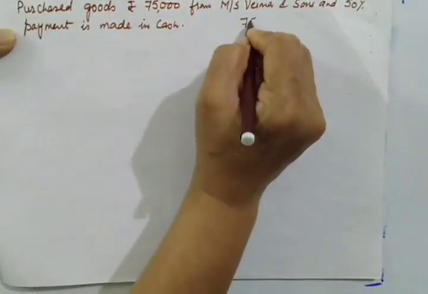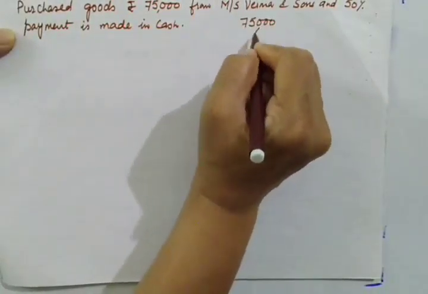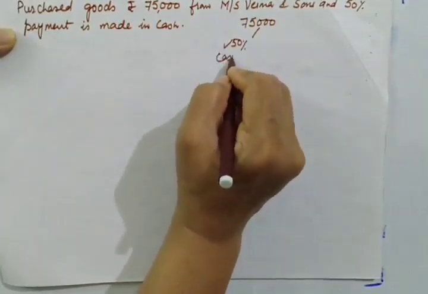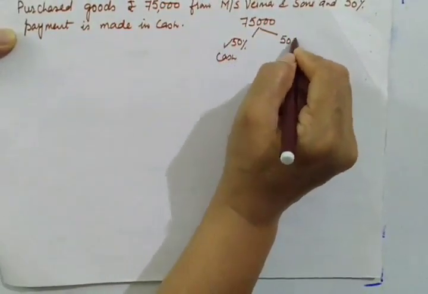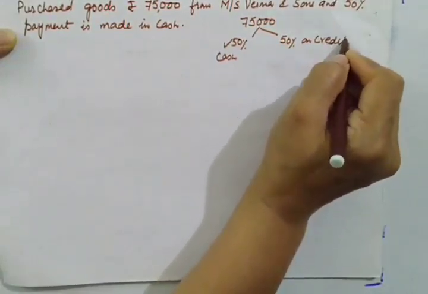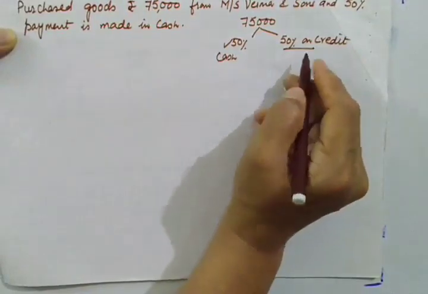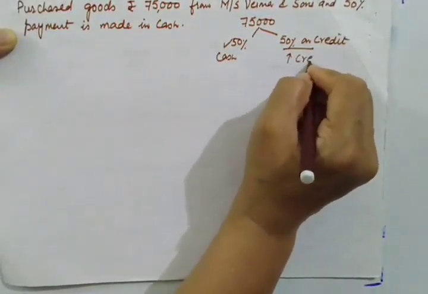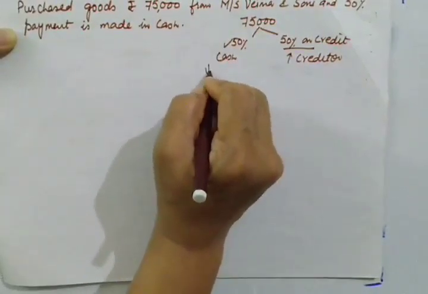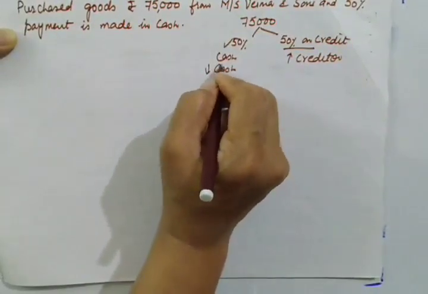So what is the 50%? Here you will have to calculate 50% of 75,000, 50% paid in cash and 50% on credit basis. So this will increase your creditors, while this transaction will decrease your cash balance.